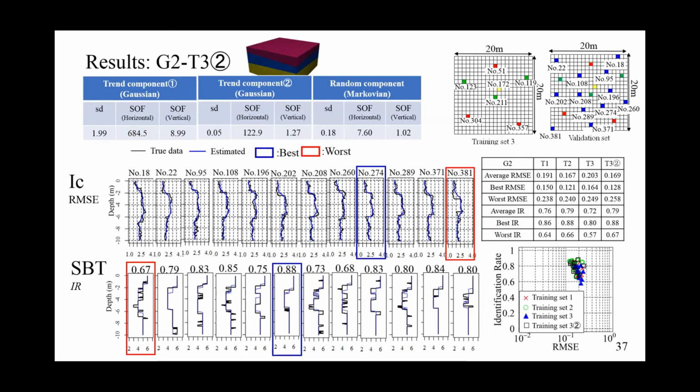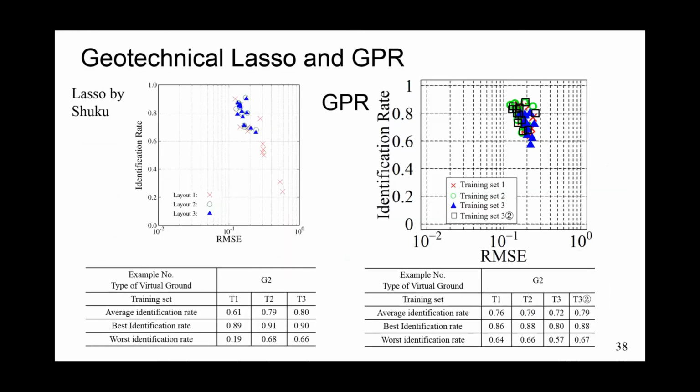Let me skip the detail. Actually, I did one more case, but let me skip. And this is a comparison with the G-Lasso's result. So like this. I didn't interpret the difference between them, but anyway, we could get these results.